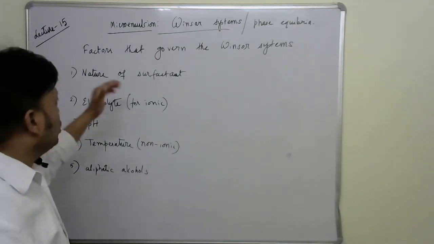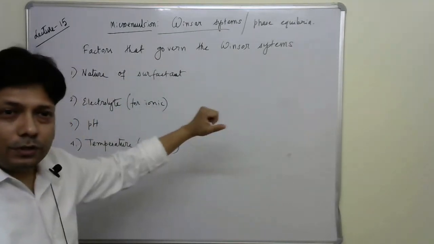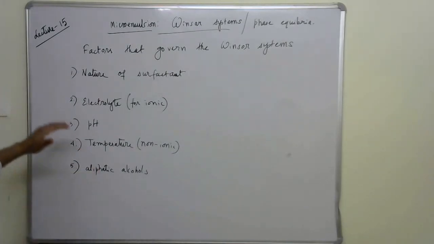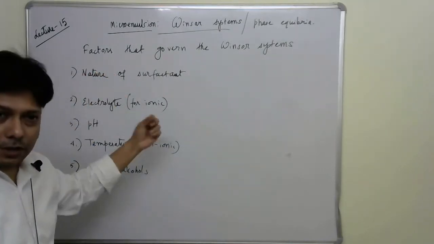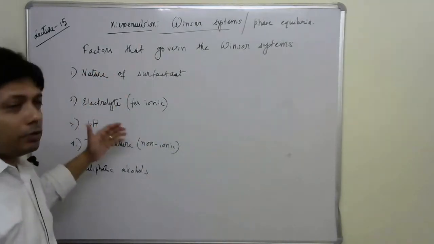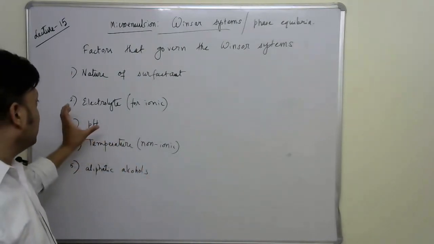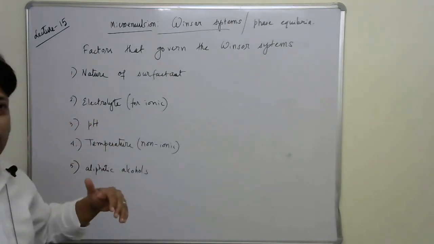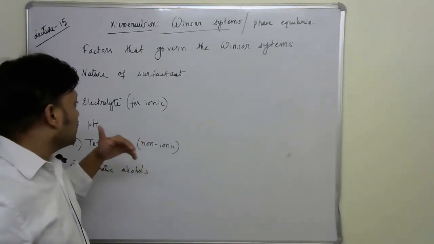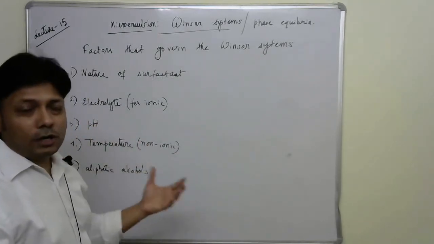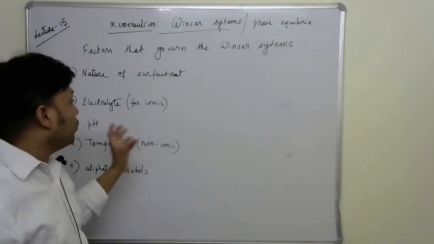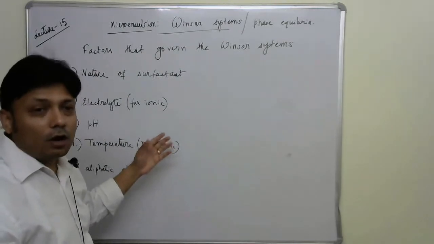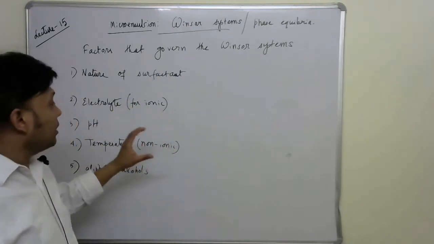So there are a few general factors that govern the Windsor systems. These are obviously the nature of the surfactants, the electrolytes, and whether we are adding any neutral electrolytes like sodium chloride, whether we are increasing the salinity of the medium.